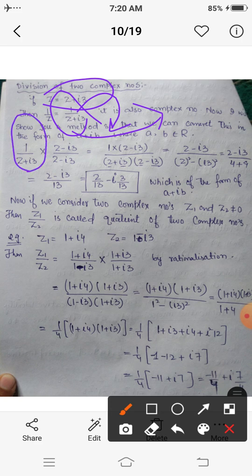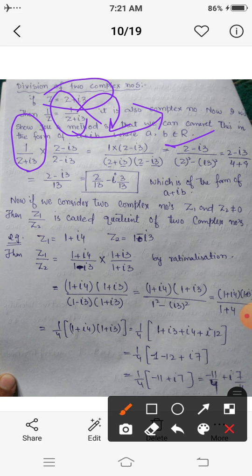We do this by rationalizing, which means reducing the denominator. Now how to rationalize this? We multiply by 2 minus iota 3 upon 2 minus iota 3, because these will cancel in numerator and denominator, so we simply get 1 upon 2 plus iota 3. Now by actual multiplication, the numerator is 2 minus iota 3.